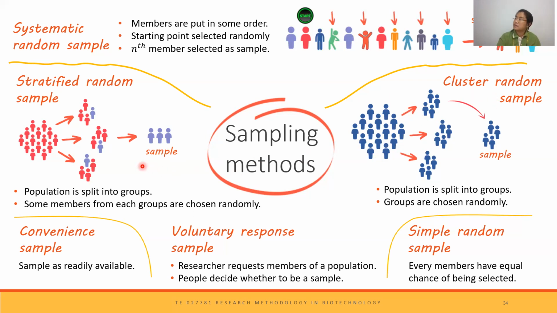Another example is for the cluster random sample. Say in a supermarket, when they have to check the quality of the fresh stock that comes in, for example cabbage, they want to see whether it passes QC.